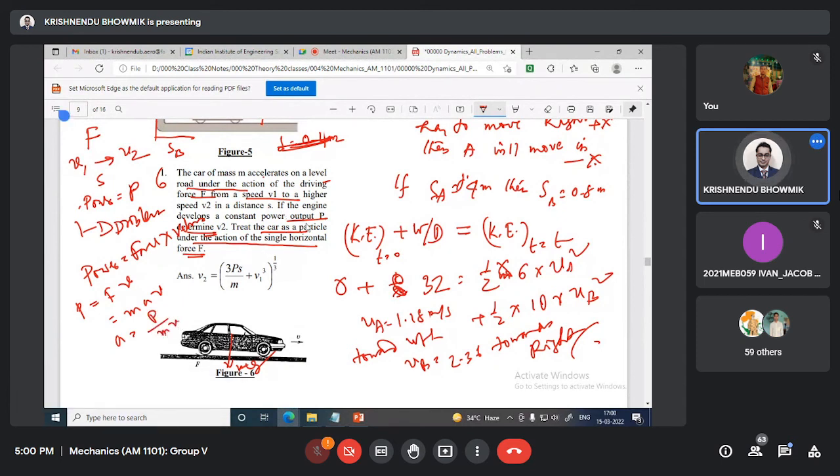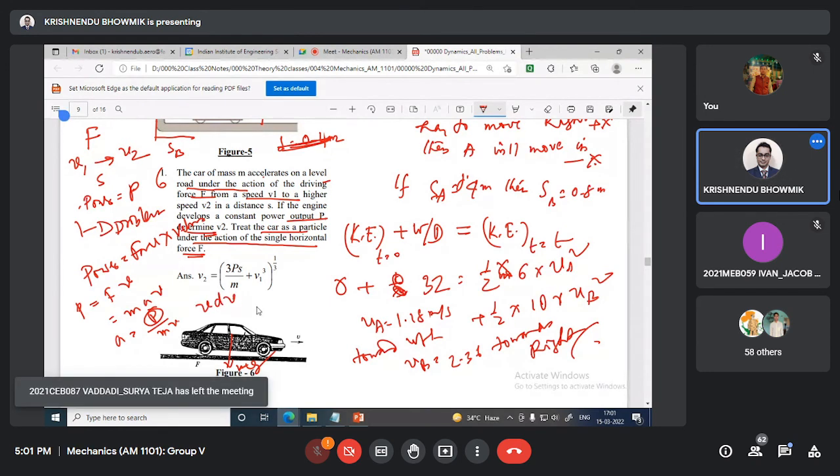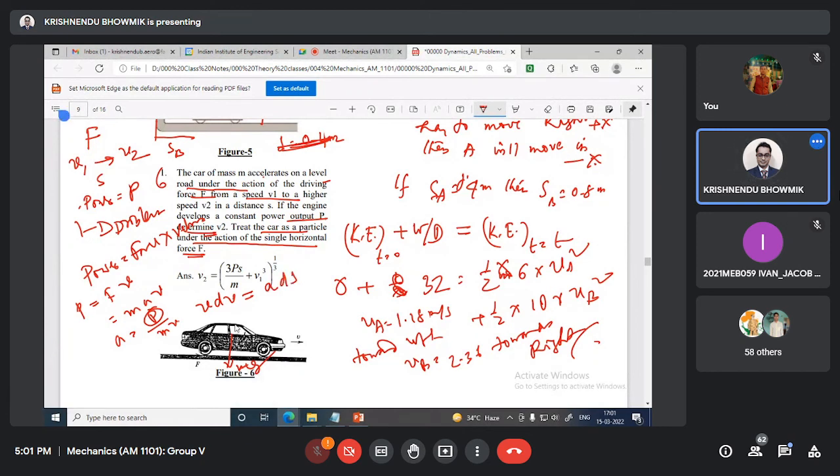It is told P is constant. Acceleration is nothing but V dv by ds. If I write this expression, V dv equal to a ds. This expression I want to utilize, a equal to P by mV, ds.